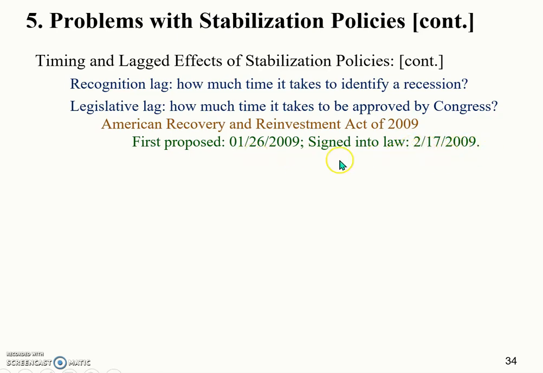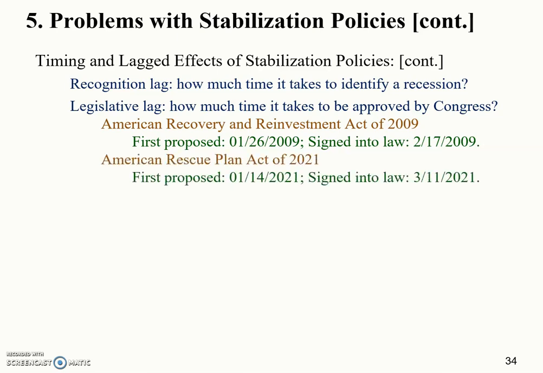In other words, it took approximately 3 weeks for the Congress to get this approved, which is fairly fast, we would say, right? Given that this act involves hundreds of billions of dollars and a lot of details as well, and they only took 3 weeks.